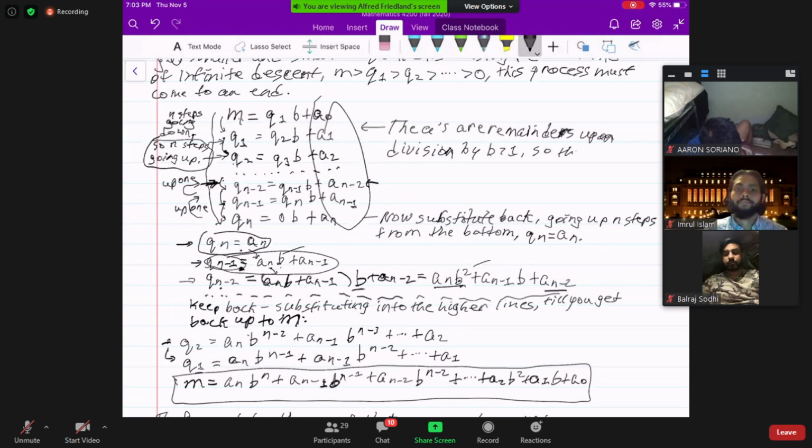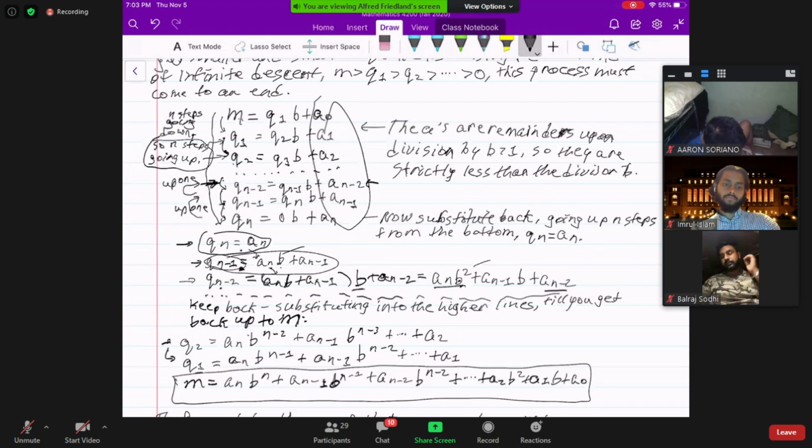So remember the division algorithm, they are strictly not less than or equal to, but strictly less than the divisor B.